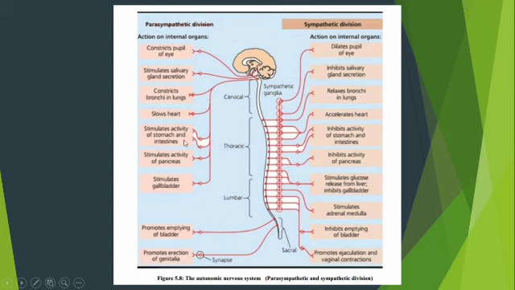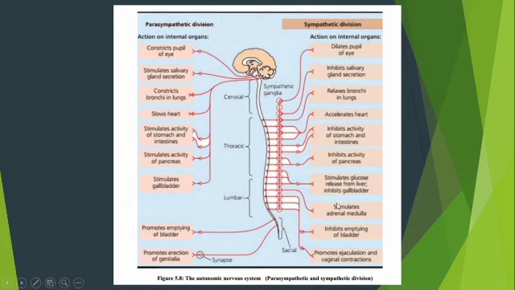The parasympathetic division stimulates the activity of the stomach and intestines, and the sympathetic division inhibits it. The parasympathetic division stimulates the activity of the pancreas, and the sympathetic division inhibits it. The parasympathetic division stimulates the gallbladder, and the sympathetic division stimulates glucose release from the liver and inhibits the gallbladder.